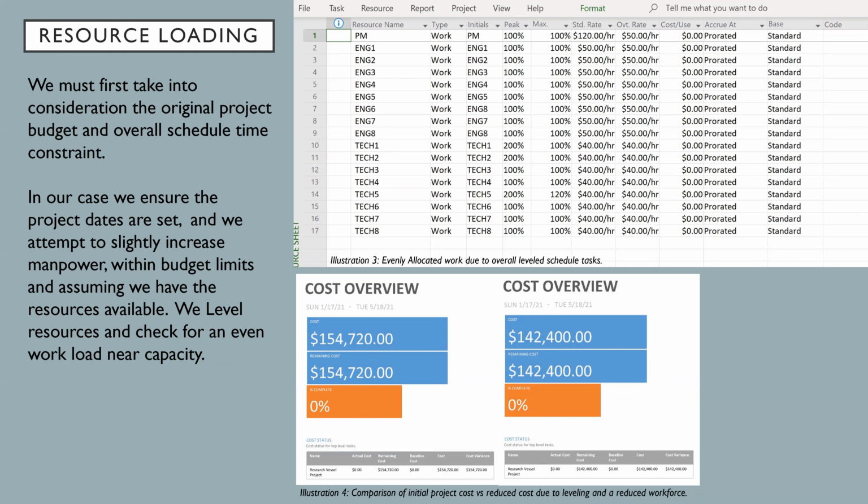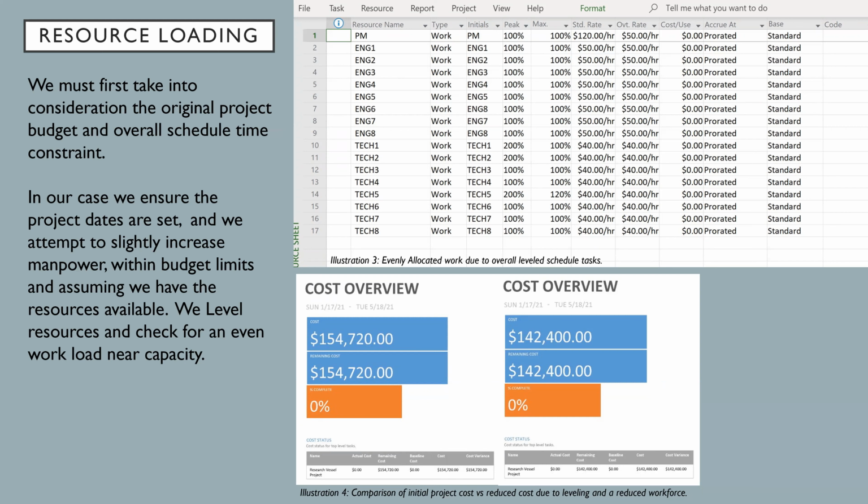Illustration four shows a comparison of initial project cost versus reduced cost due to leveling and a reduced workforce. So this leveling was more of a continued process as I leveled the project, and changes to the costs were a part of the results.